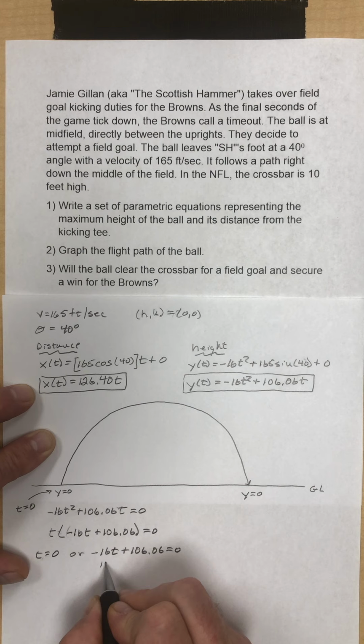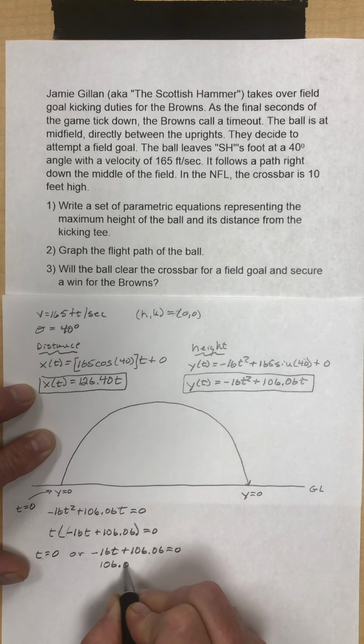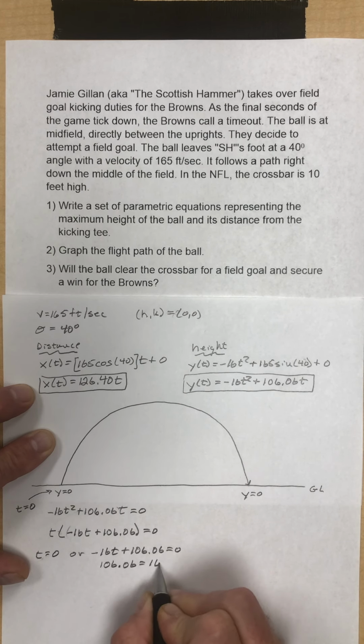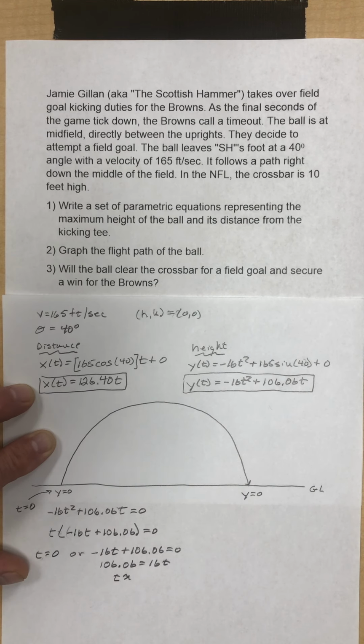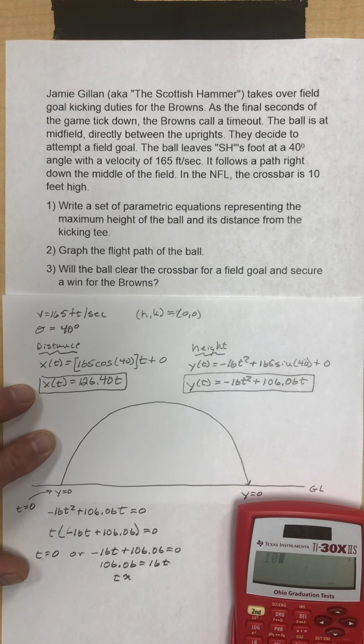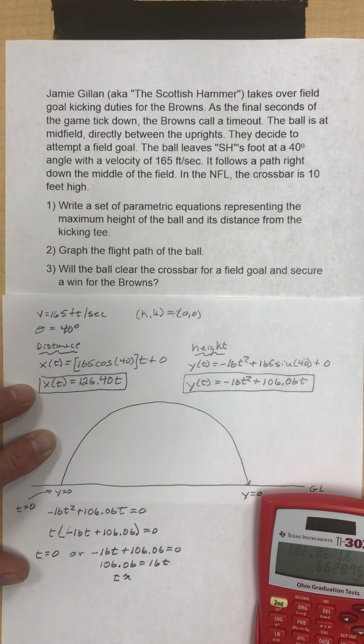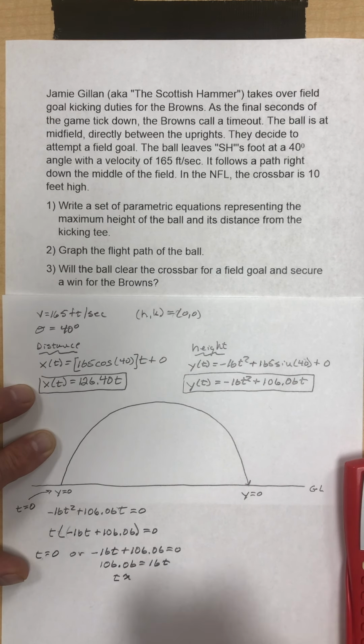So I get 106.06 equal to 16t, and I'm going to have to divide there. 106.06 divided by 16, I get roughly 6.63 seconds.